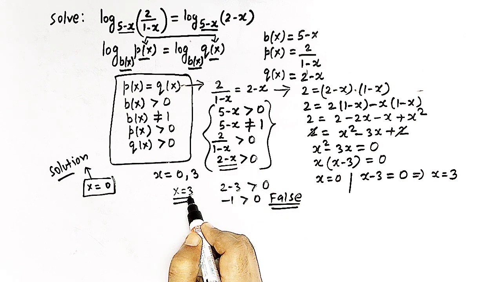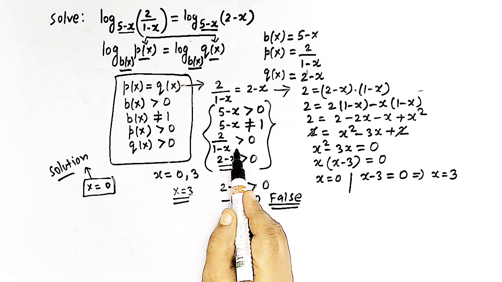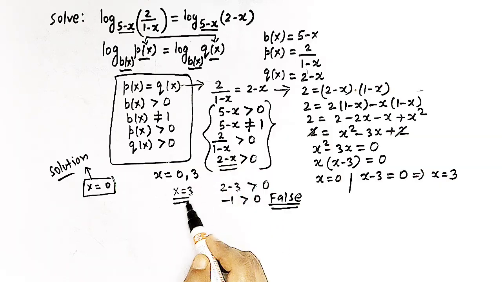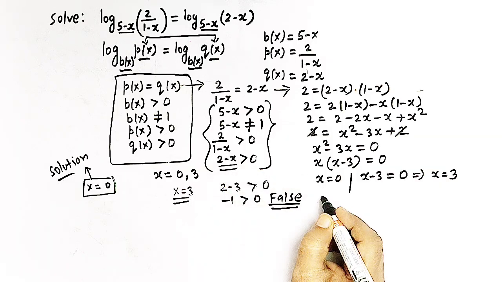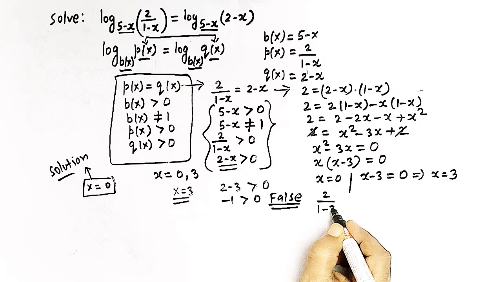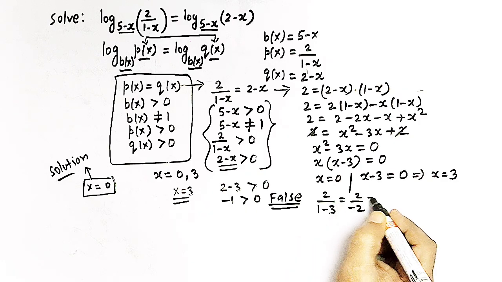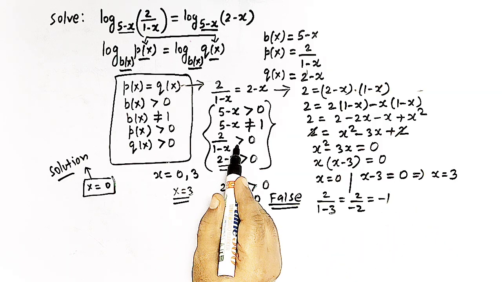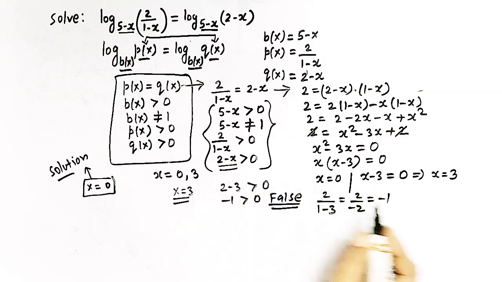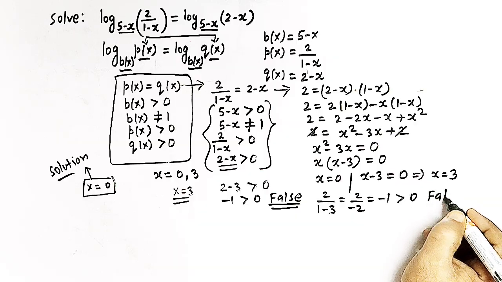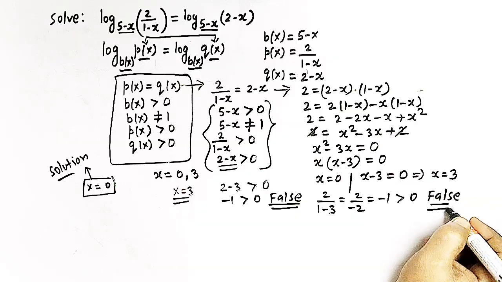And similarly x is equal to 3 does not satisfy this inequality also, because if we take x is equal to 3 over here, then we have 2 over 1 minus 3, that is equal to 2 over minus 2, and here we have minus 1, and from here we get minus 1 greater than 0, which is again a false statement, right?